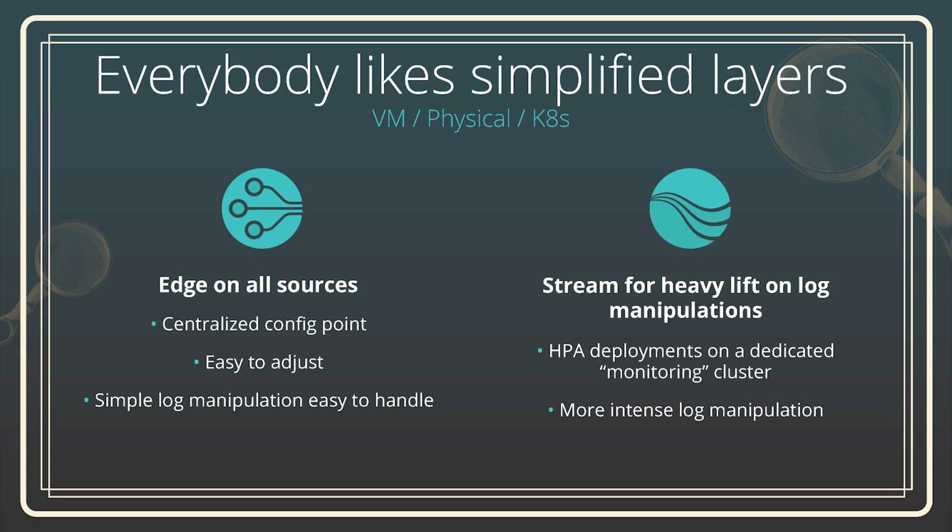It's allowed us to simplify everything. We've got a centralized config point. Anything is easy to adjust and track, where we might be losing a log or where it's getting dropped. One thing we didn't even realize before we had all this was we get a significant amount of drops from OpenSearch, being an ELK stack, where a data field changes and Elastic just rejects it.